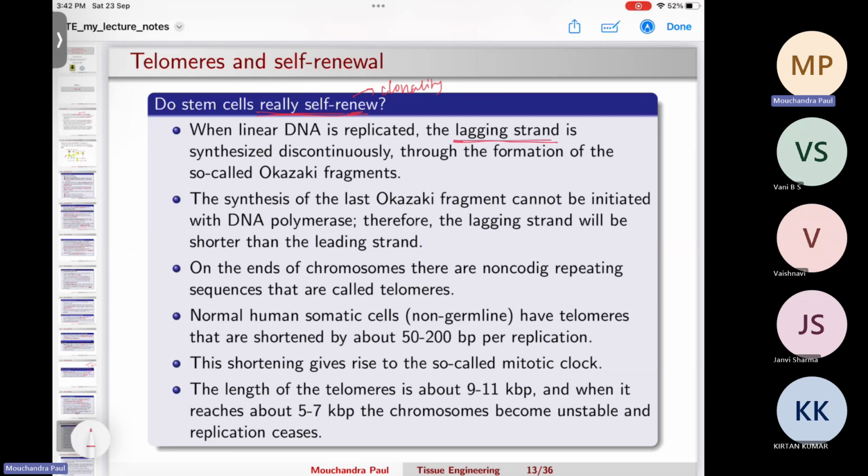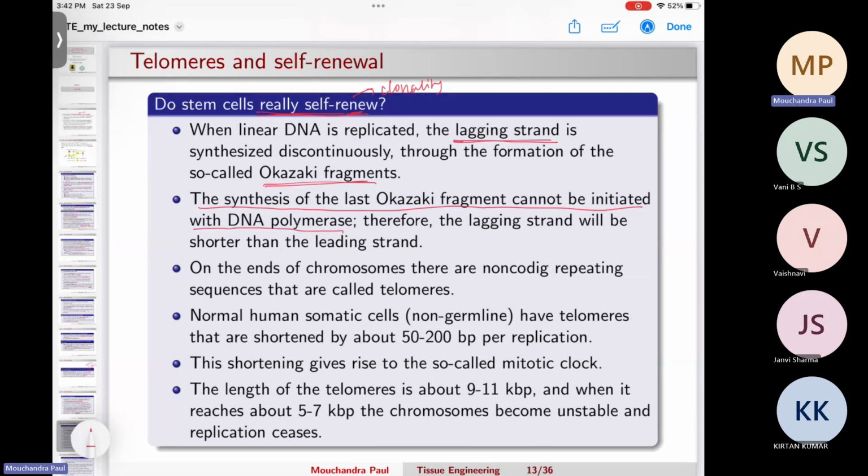In the lagging strand, Okazaki fragments are formed, which are later ligated by the DNA ligase. Now, due to the way the lagging strand forms, the synthesis of the last Okazaki fragment cannot be initiated with DNA polymerase.